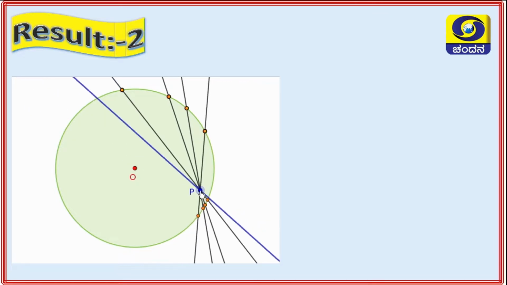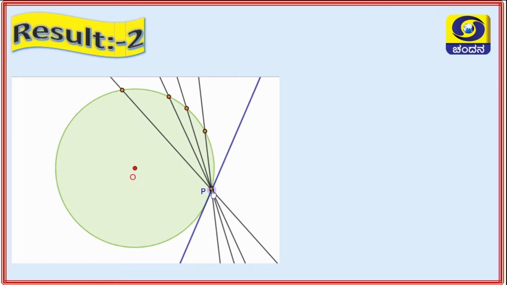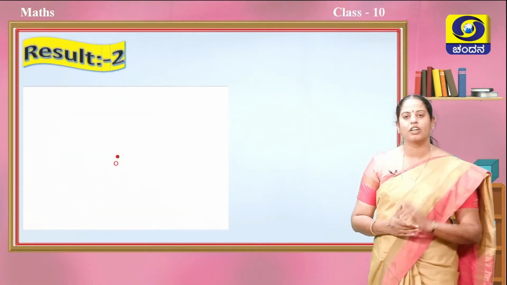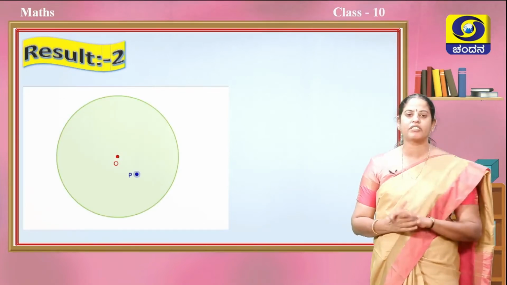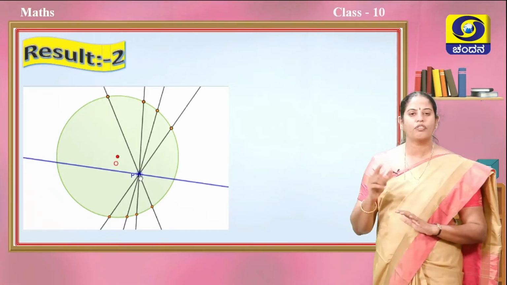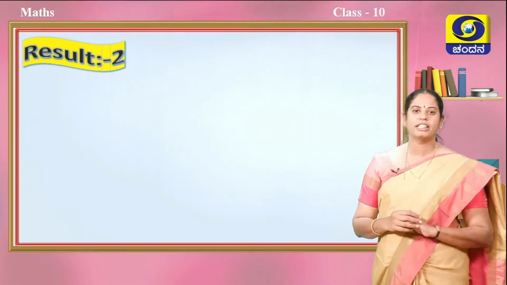Yes, observe, when it is inside we cannot draw a tangent. When the point is on the circumference, the number of tangents that can be drawn is only 1. Yes, your observation is correct. We can draw only 1 tangent on the circle.